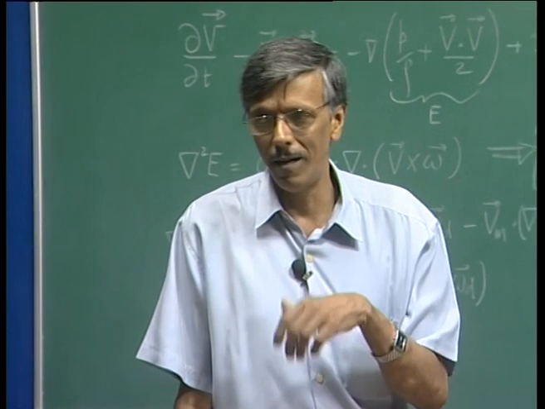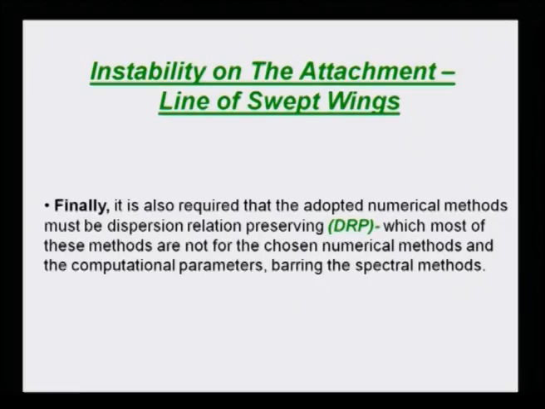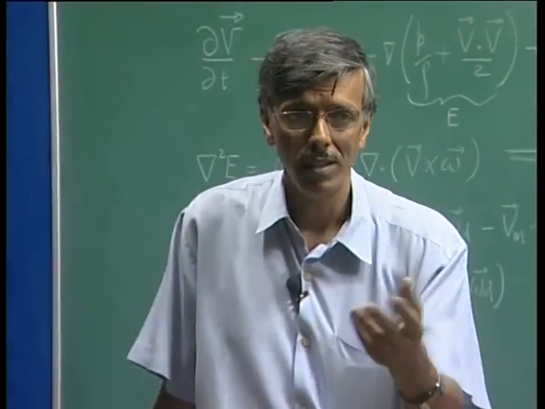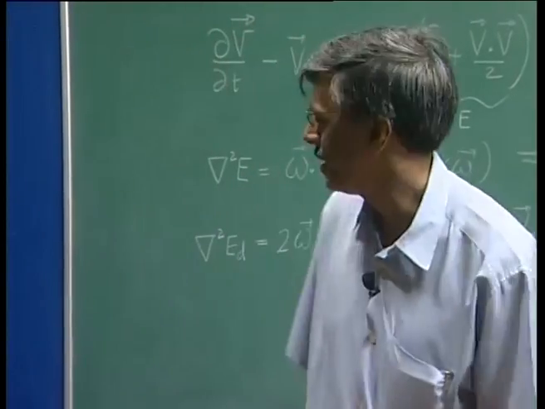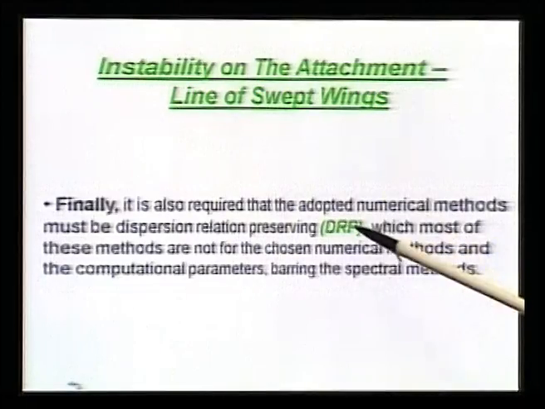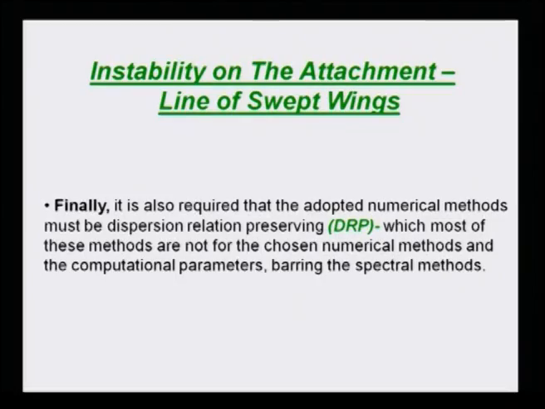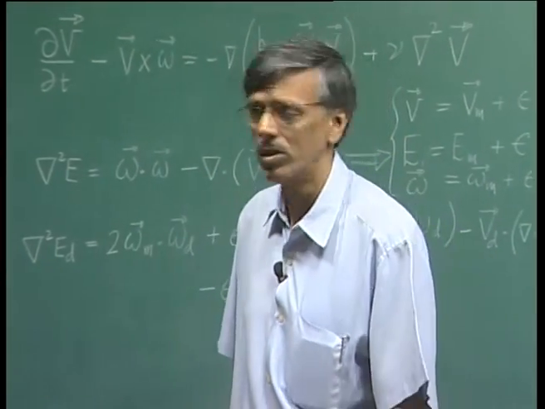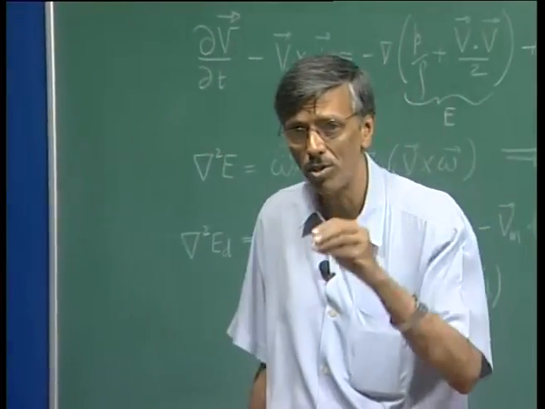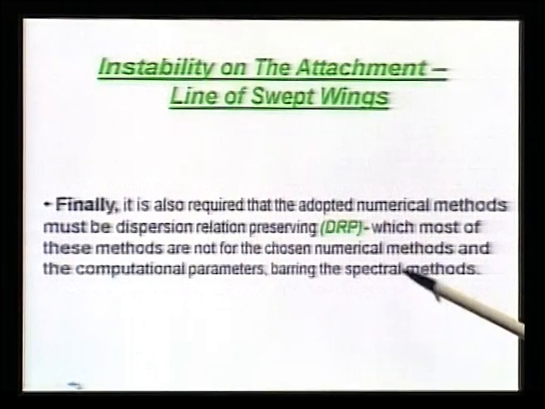Computationally, the idea that you have to develop a dispersion relation preserving numerical method came into existence with the famous papers by Tam and Webb in '93 and '94. Later on, of course, lots of people became aware, and we also developed a series of DRP schemes. We specifically zoomed into the parameter space where we should reside to attain this DRP property. This is something that we must do.